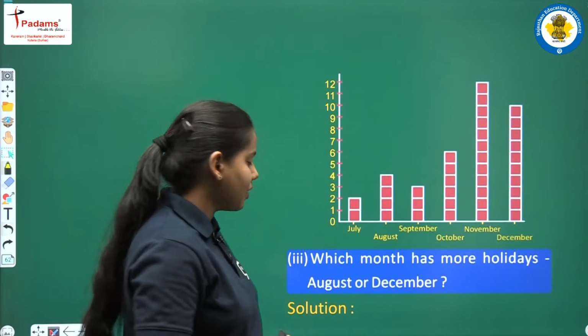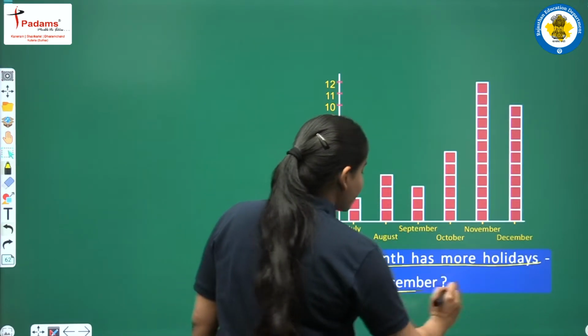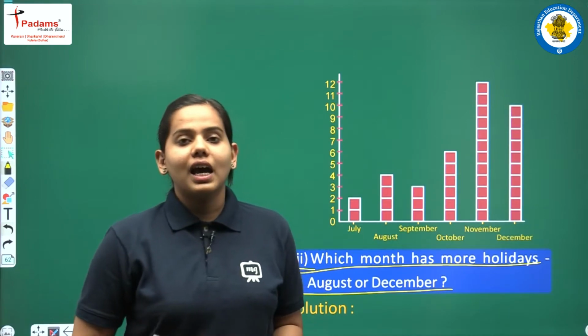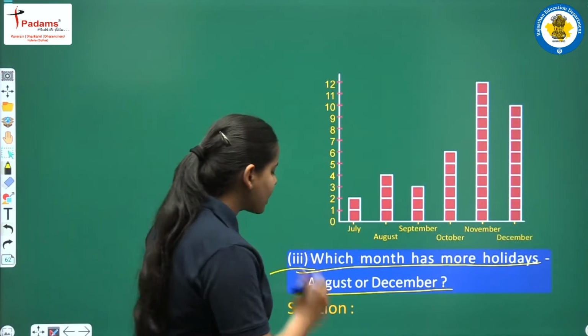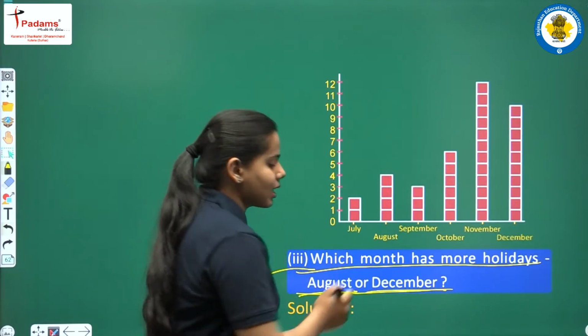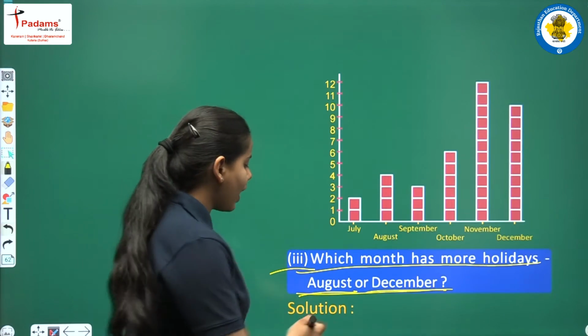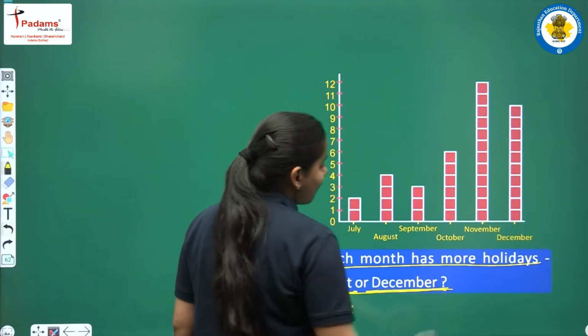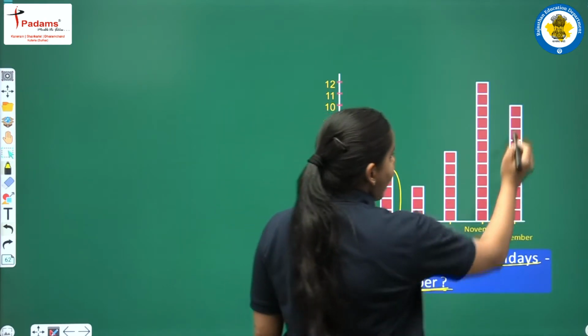Now the third part of this question. Which month has more holidays, August or December? So they are asking कि किस month में सबसे ज़्यादा holidays हैं. यहाँ पर option दिया हुआ है August और December. Maximum नहीं पूछ रहे हैं वो, हमें option में दिया हुआ है August में ज़्यादा है या December में ज़्यादा है. So we will look at the graph of August and December.